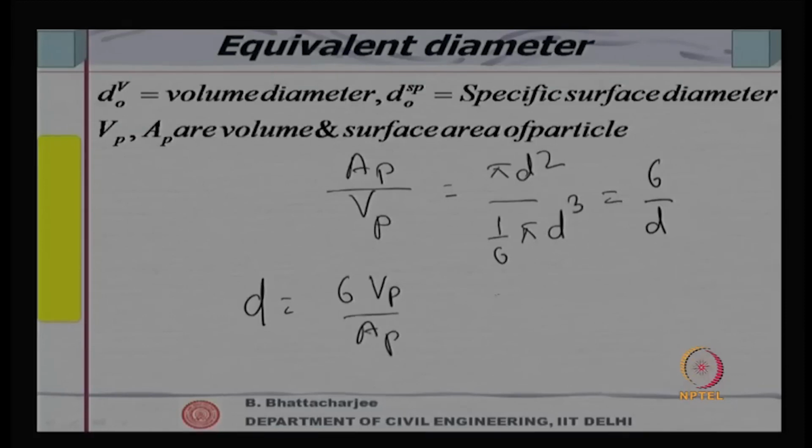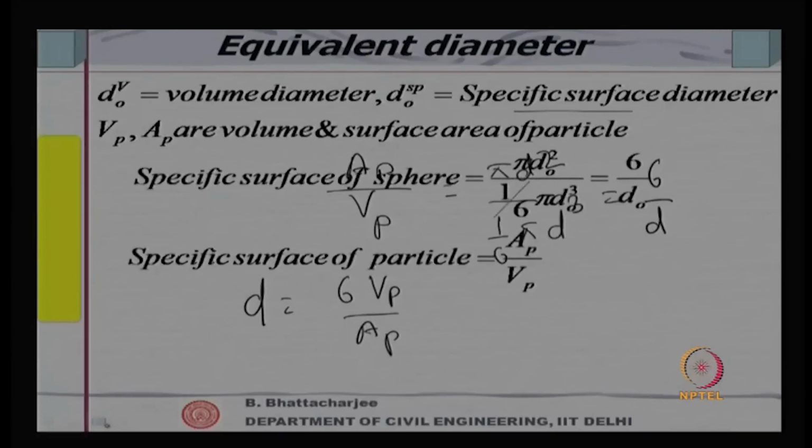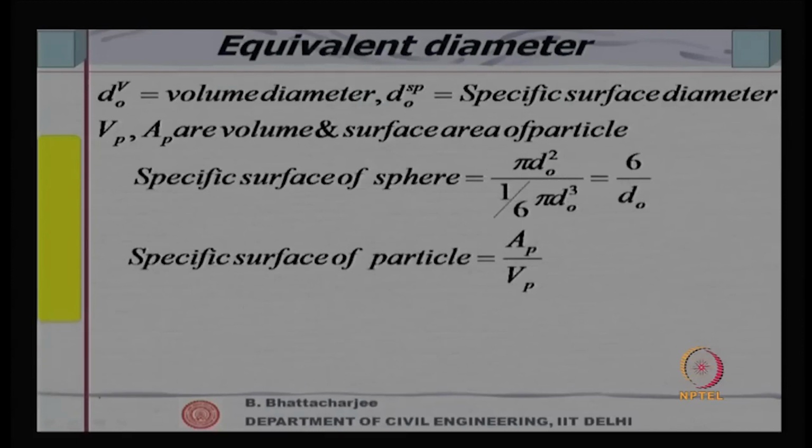Right. Now, specific surface diameter: what was volume diameter? Volume diameter, specific surface diameter, volume and surface area of the particle. The same derivation is available here straight away.